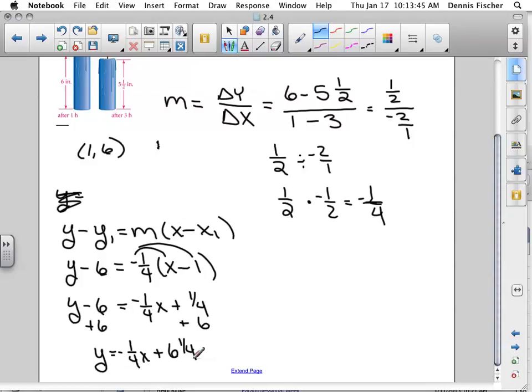Second question. How many inches per hour does the candle decrease in height?